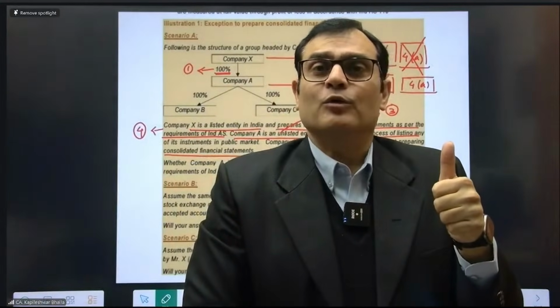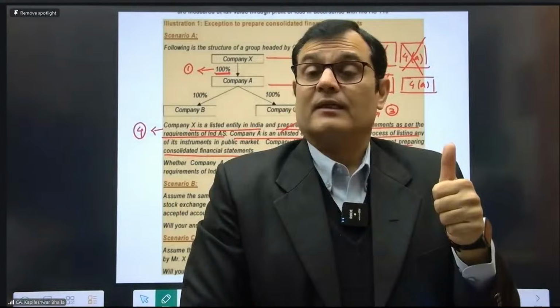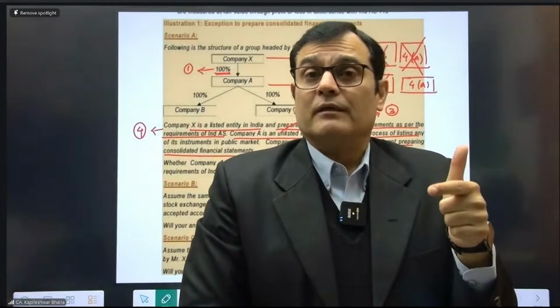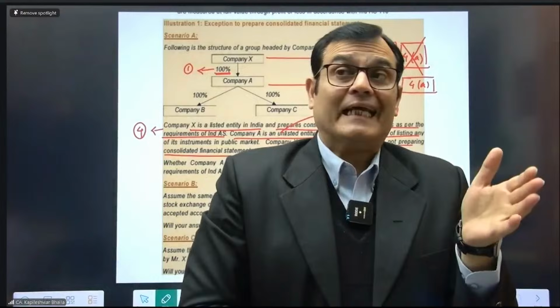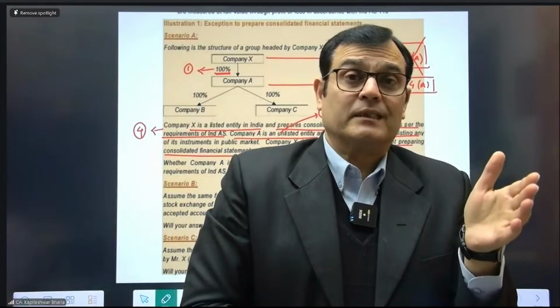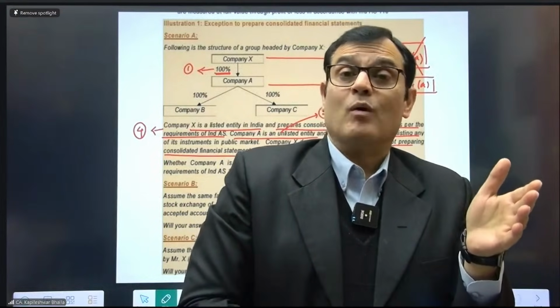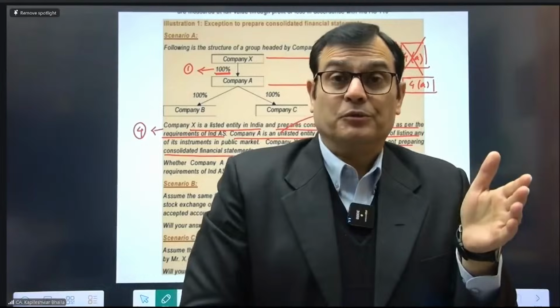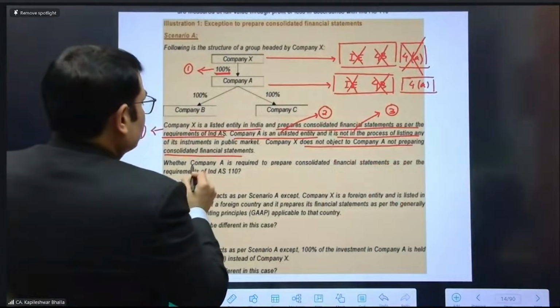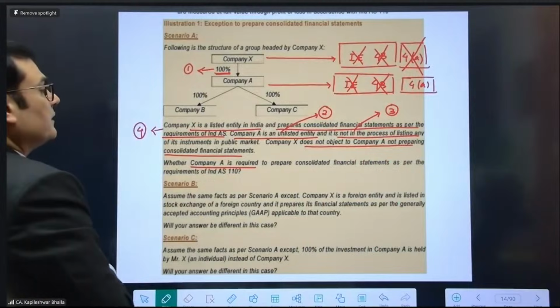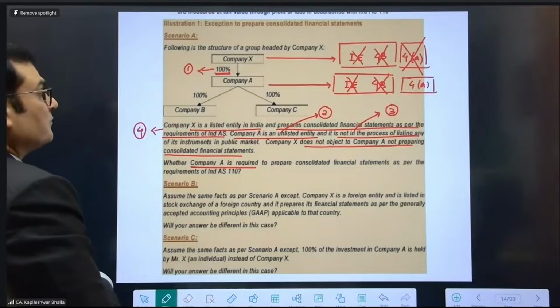A is the wholly owned subsidiary of X, condition 1 met. It's not listed, condition 2 met. Not in the process of listing, condition 3 met. And the ultimate parent is presenting a console for public use as per Ind AS. All the conditions are met. So whether company A is required to prepare consolidated financials as per Ind AS 110.